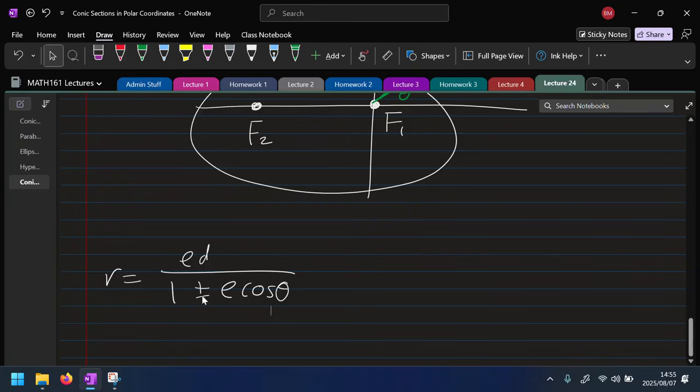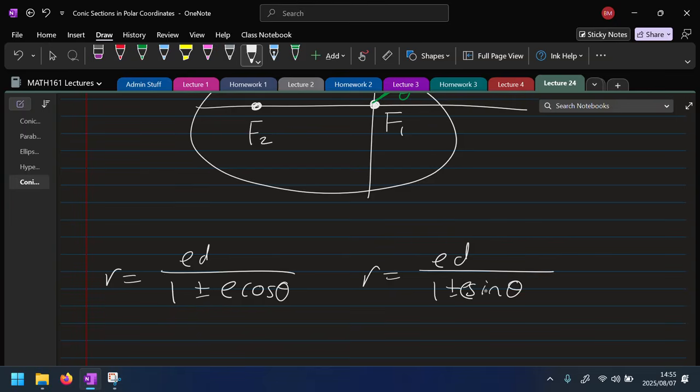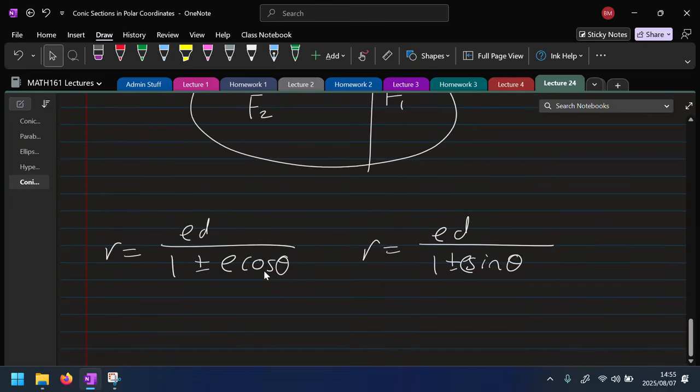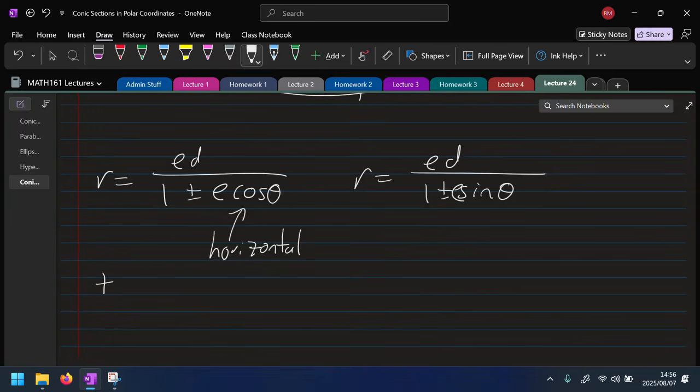So here, if you do the plus or the minus, and you got cos, it will be left or right. And if you have r equals ed over 1 plus or minus e sine theta, that will be up or down. Okay, so it's the two cases. Okay, so again, the cos, that means it's horizontal. And if it's a plus, then it's going to be facing left. If it's a minus, it's facing right.